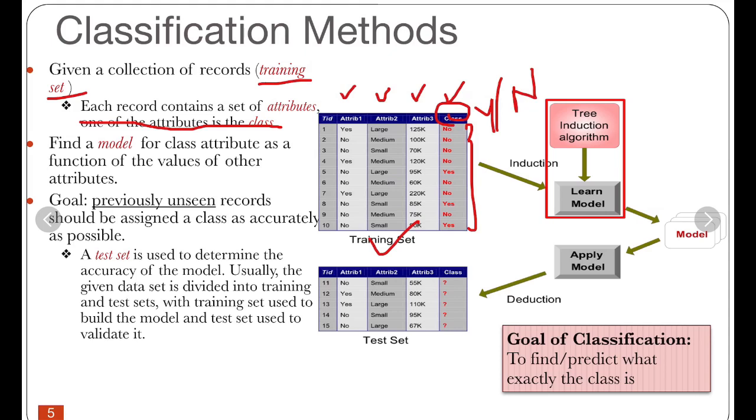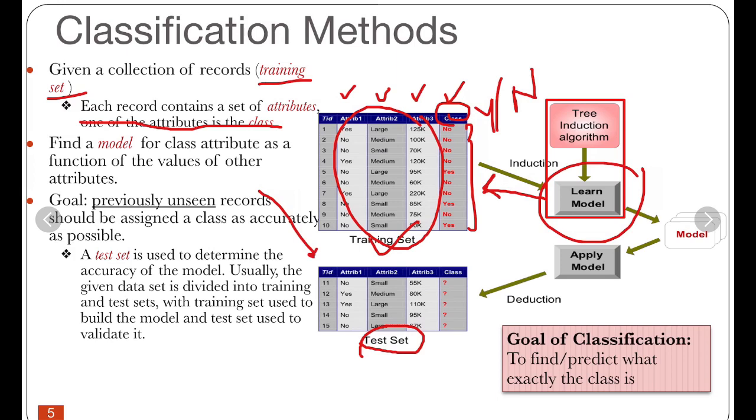Our task here is to find a model for the class attribute as a function of the values of the other attributes. We also have previously unseen records, and these records should be assigned a class as accurately as possible.